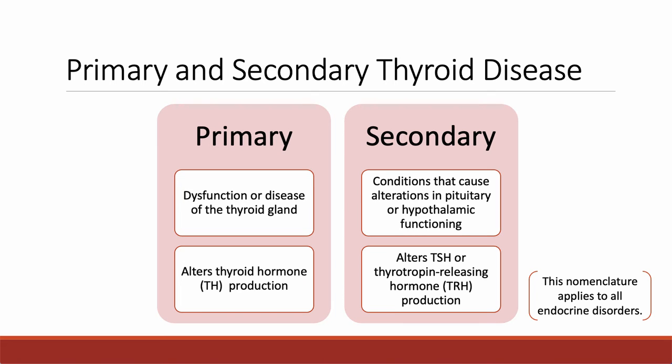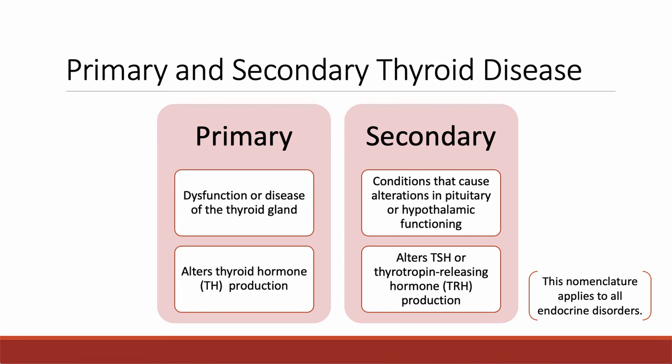So a primary endocrine disease is dysfunction or disease of the gland that produces the end result anyway. So in this case, the primary thyroid disease is where there's an alteration in TH, which is thyroid hormone, T3 and T4.